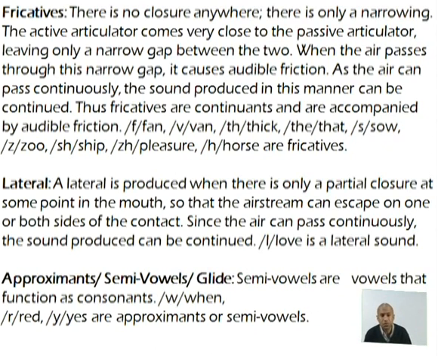Then we have laterals. A lateral is produced when there is only a partial closure at some point in the mouth, so that the air stream can escape on one or both sides of the contact. Now, since the air can pass continuously, the sound produced can be continuous, or it can be continued. For example, love.